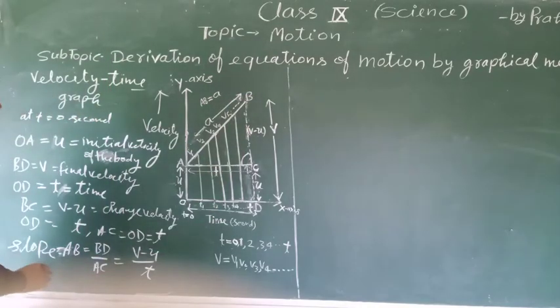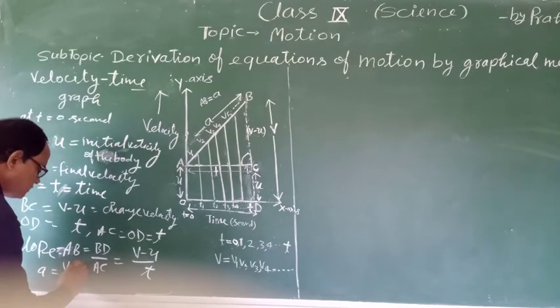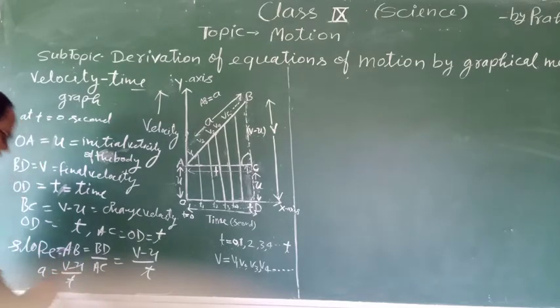Here acceleration a is equal to v minus u by t.